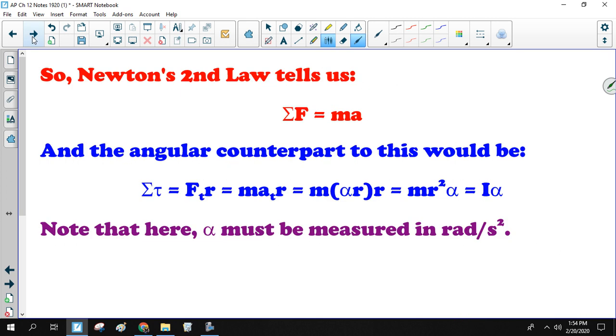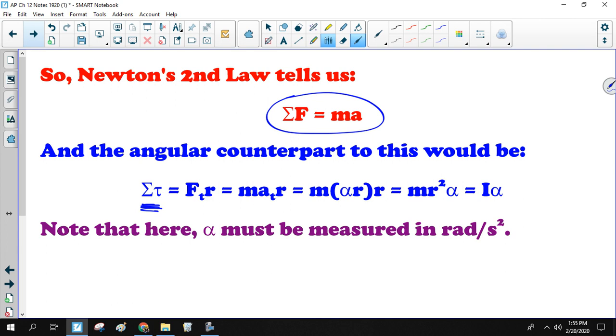This slide basically just gives us a quick derivation for why that equation is true, right? So we know net force is mass times acceleration, right? Well, we had previously learned that the net torque acting on an object is equal to, why did I put this T in here? I think I just meant tangential, tangent to your radius, when I wrote this.